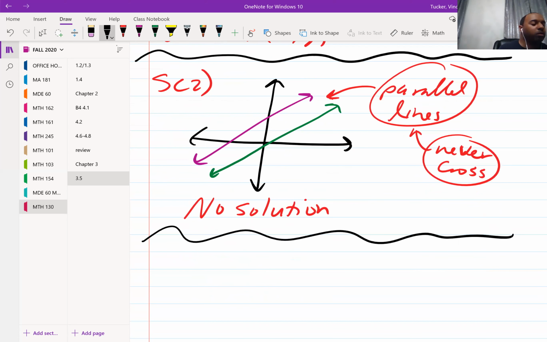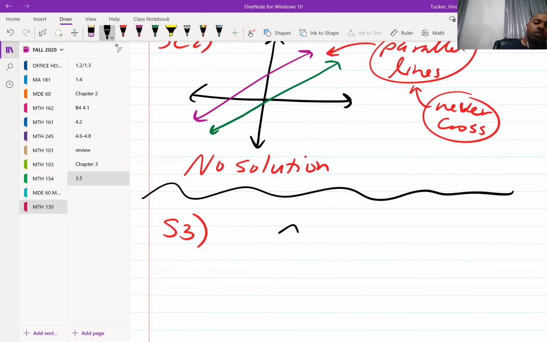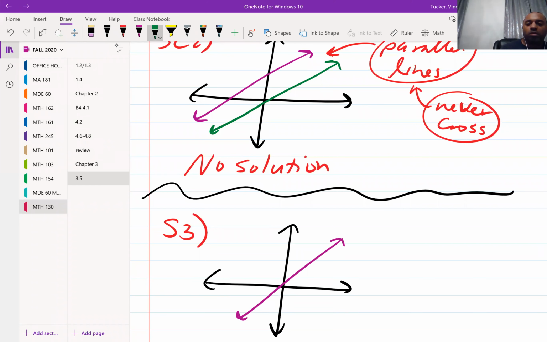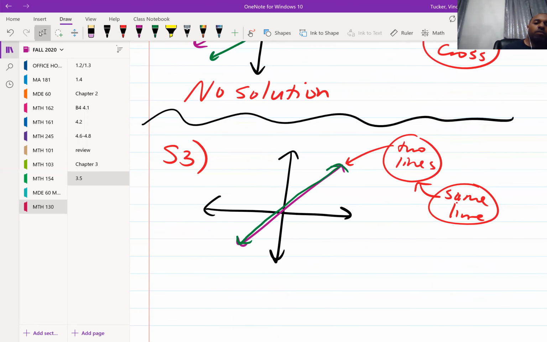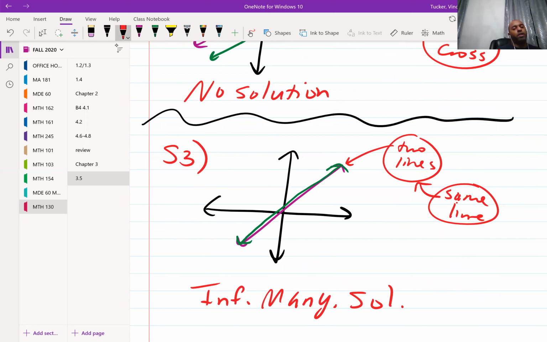Third scenario: you end up graphing your two lines and they end up being the same line.